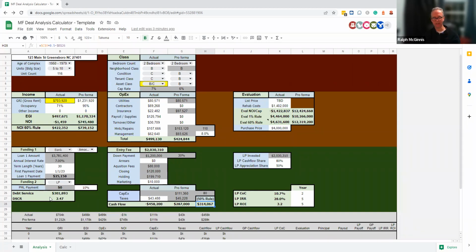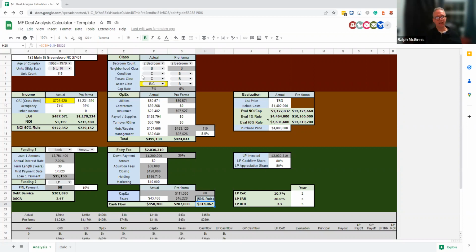But once you subtract those out, now you're down to 50%. You'll hear a lot about the 50% rule when you're looking at these properties. The 50% rule basically means that all your expenses should equal 50% of the income coming in the door.